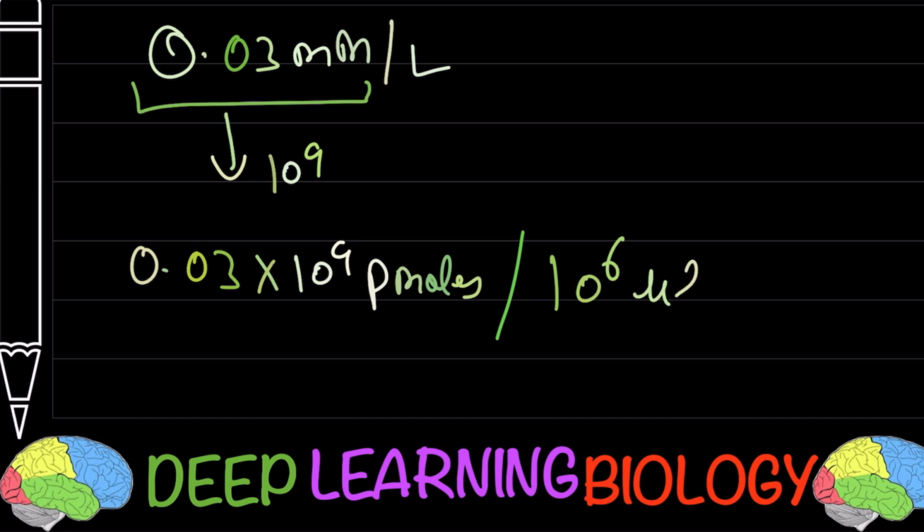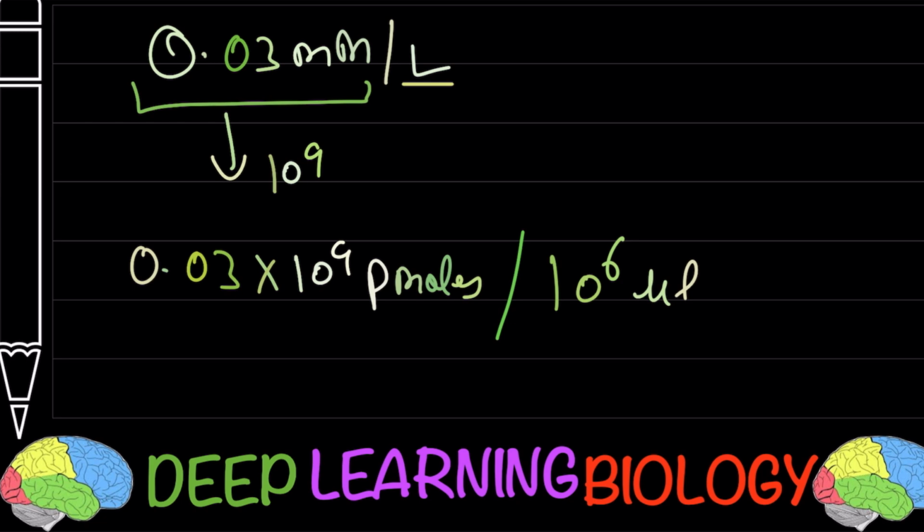Now 1 liter has 1000 ml, or you can say 10 to power 6 microliter. Check what was the question: what is the concentration expressed in picomoles per microliter. So 1 liter is equal to 10 to the power 6 microliter.